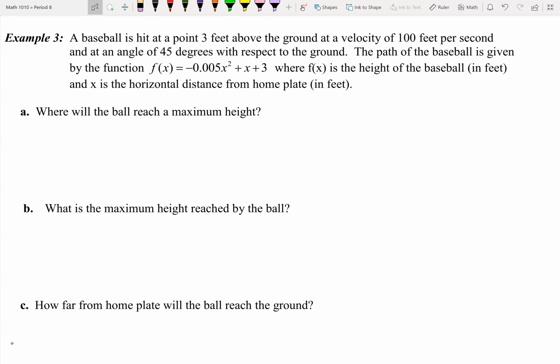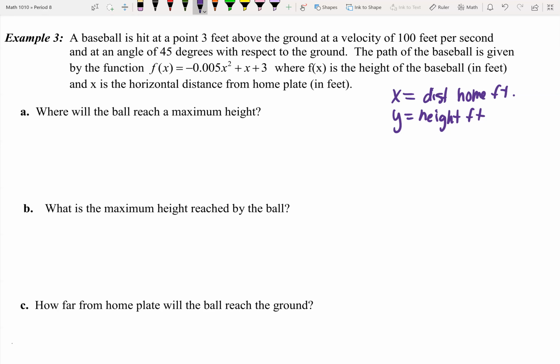X equals, y equals. Let's write that. The y is the f of x. Whatever it's solved for is your y. F of x is the height in feet. So I'm going to say y is the height in feet. Read in the paragraph. What does x stand for? X is the distance from home, and that would be in feet.